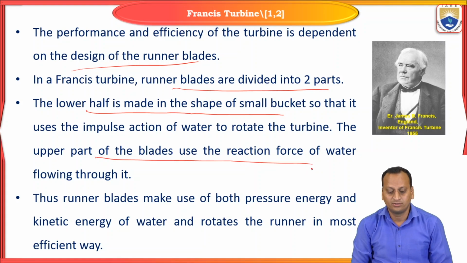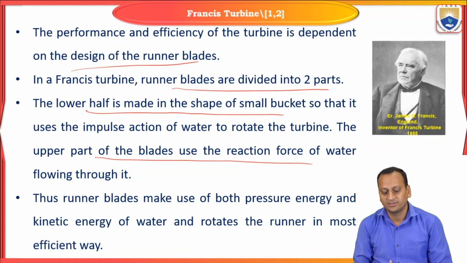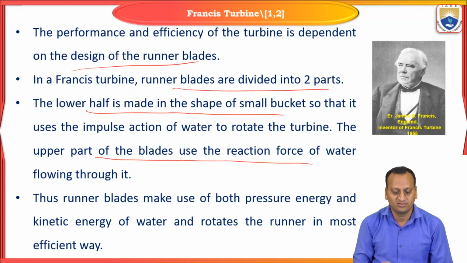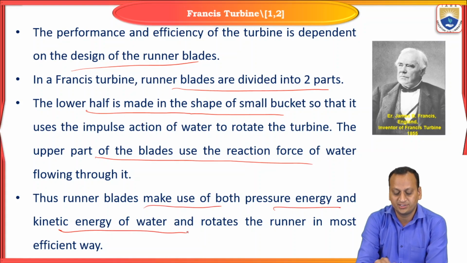The blade is divided into two parts in order to extract one force due to the reaction, and another force due to the kinetic energy. The reaction force is due to the difference of pressure. So one is force due to pressure energy, another one is kinetic energy. Thus runner blades make use of both pressure energy and kinetic energy of water and rotate the runner in the most efficient way.